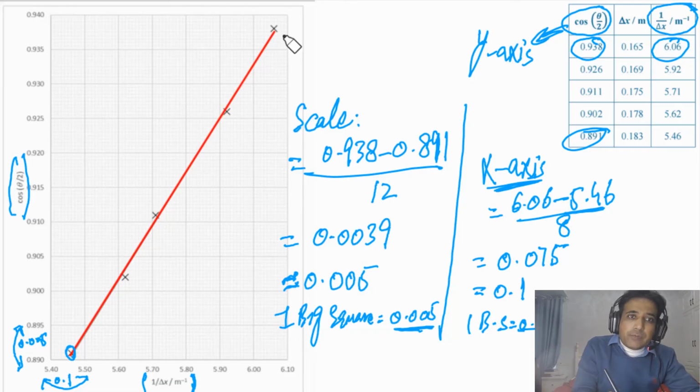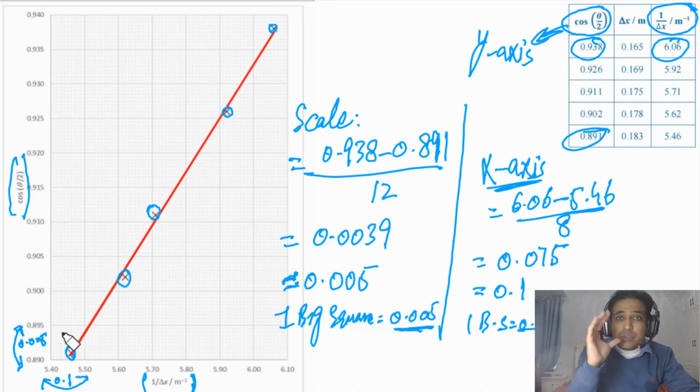This point is below the line, and this point is above the line, and this point is almost passing through the line. This is a little bit lower and this is a little bit higher.